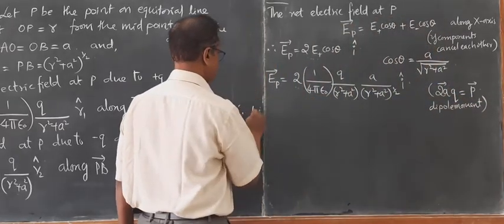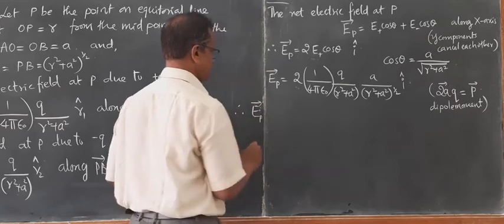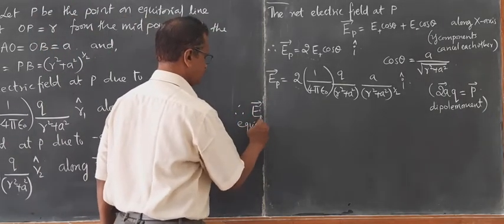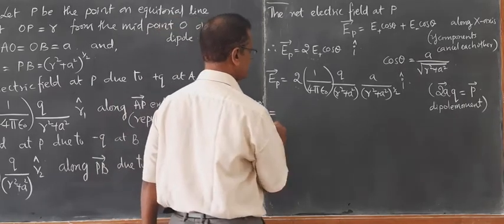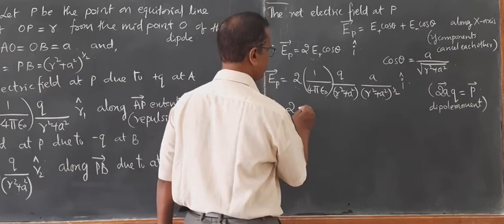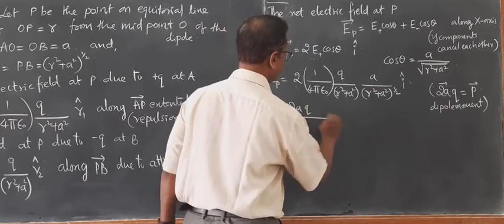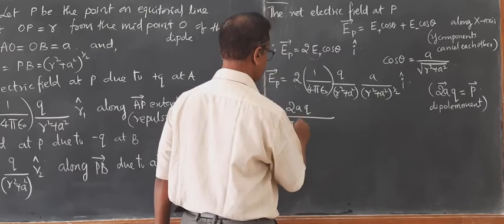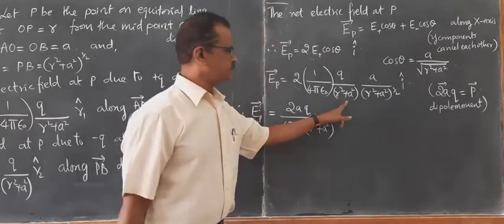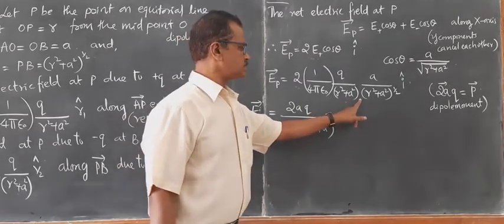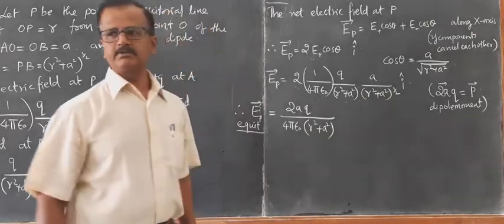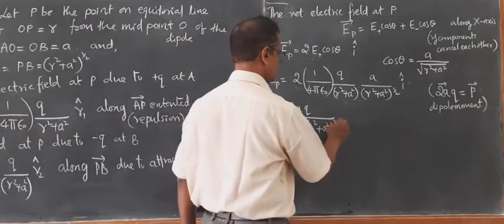Therefore, vector EP on the equatorial line is equal to 2 times aq divided by 4 pi epsilon naught into r square plus a square, raised to 1 plus 1 by 2. 1 plus 1 by 2 becomes 3 by 2.